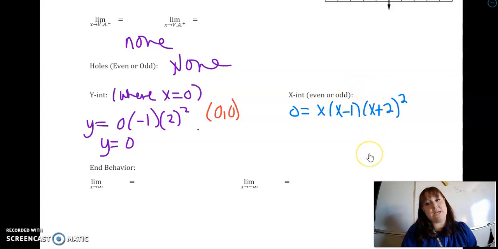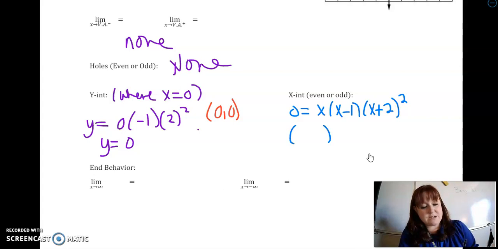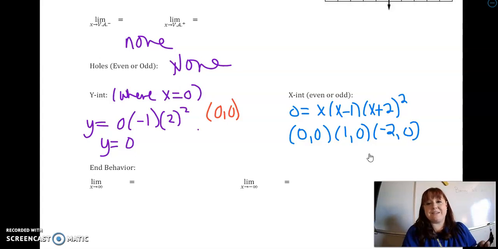And if x was equal to -2, it would be equal to 0. So our 3 x-intercepts are going to be (0, 0), (1, 0), and (-2, 0). So it's going to hit the x-axis at all 3 of those points, because any one of those points, if I put them into the function, would give me 0.